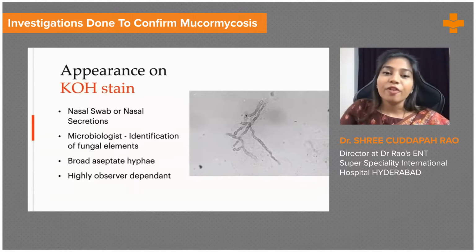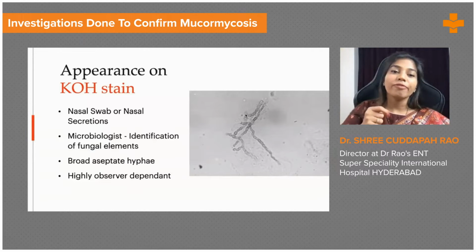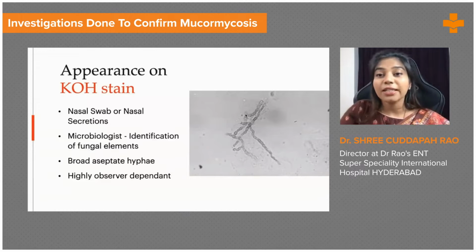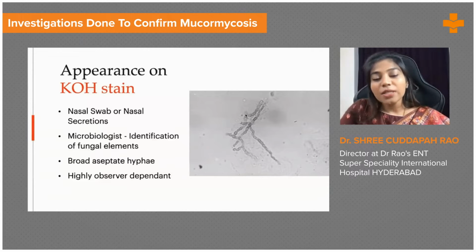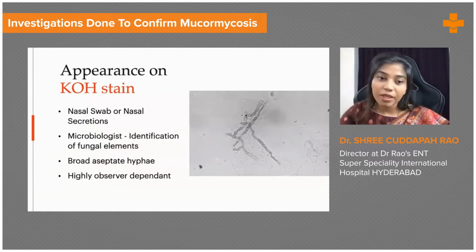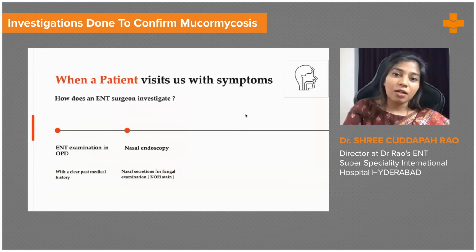And if the mucor is present, it appears in the form of broad aseptate hyphae. And once again, remember that this test is highly observer dependent, and we cannot completely rely on this fungal staining.